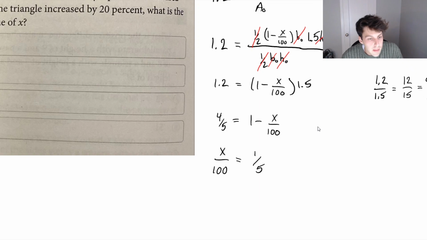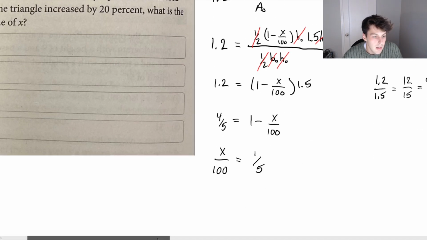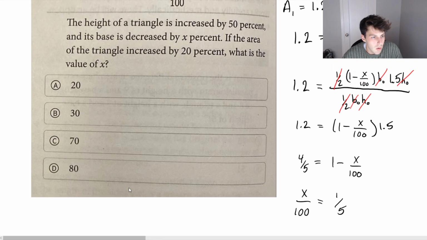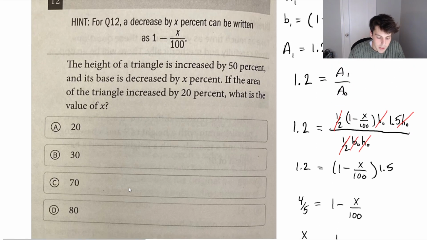And 1/5 is just 20%, right? So x should be 20 in that case. Or you can solve this by multiplying by 100 on both sides. 5 goes into 100 20 times, right? And we can see that x should take a value of 20, which corresponds to option A. So option A is the correct answer.